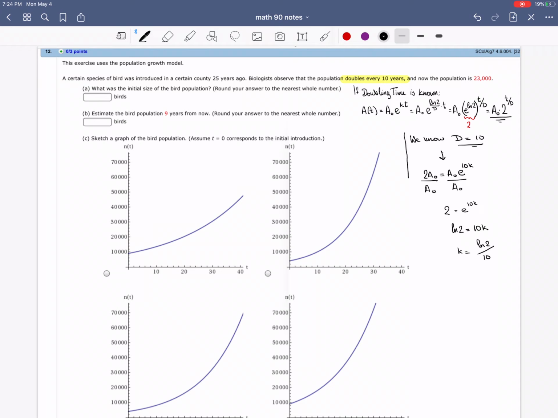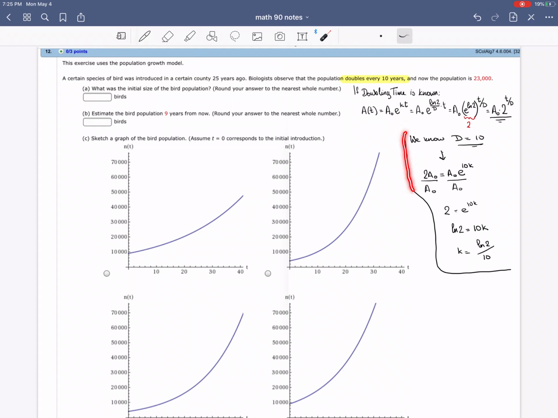So this is something that we talked about in our previous lesson, but we didn't use exact numbers. However, that's how we end up with this, right? That the formula for the amount in our population is A0 e to the power natural log 2 over D times T. So K is natural log 2 over 10 because doubling time is 10.